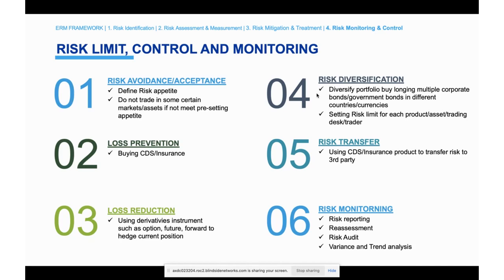Risk diversification. When you're trading on the market, the first thing you can do is diversify your portfolio. In that case, if one of your assets or one of your portfolios goes down, then the others may not be impacted, or it may not lead to a situation where you will default.